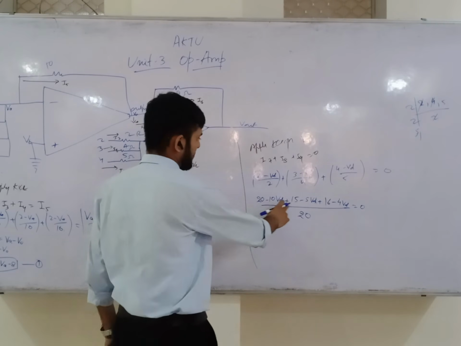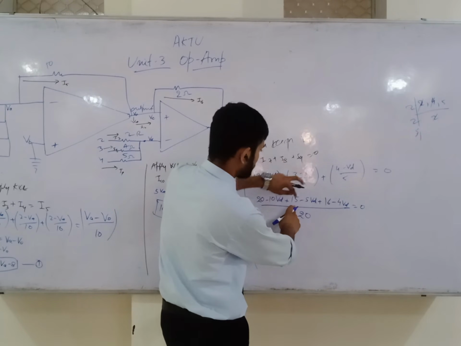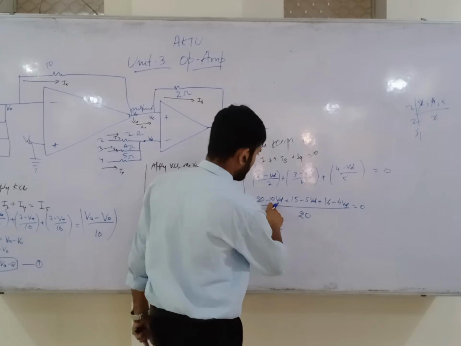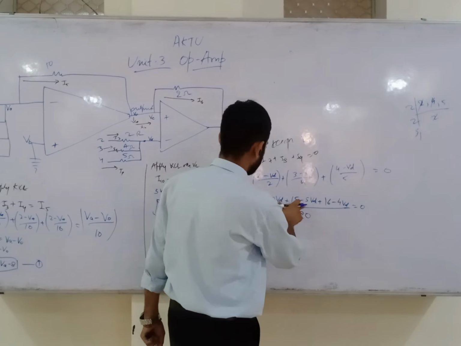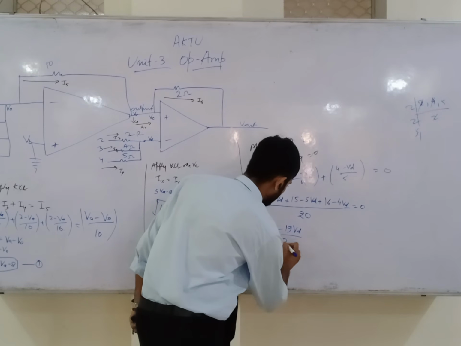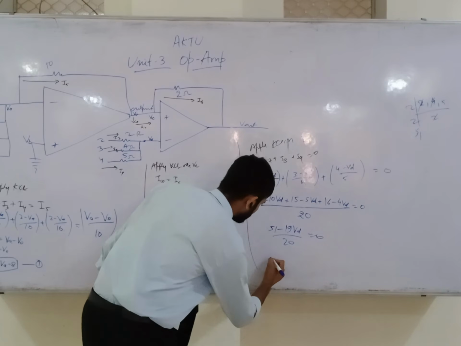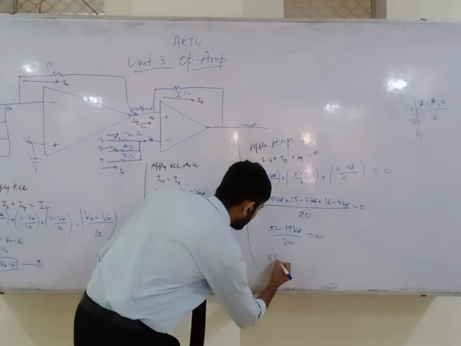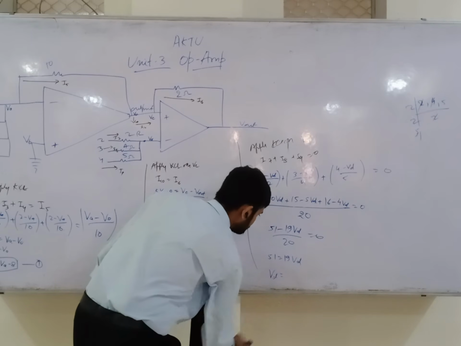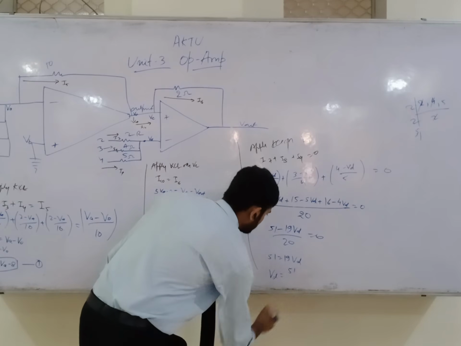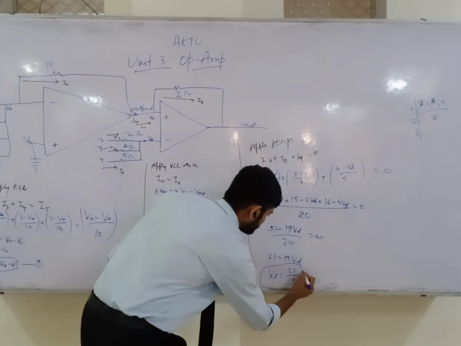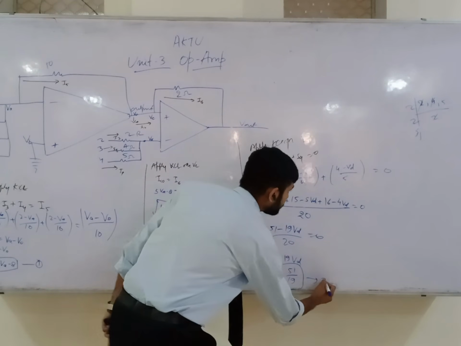So 20 plus 15 plus 16 is 51, minus 19VD upon 20 is equal to 0. So 51 is equal to 19VD, and VD is equal to 51 upon 19. This is equation number 3.